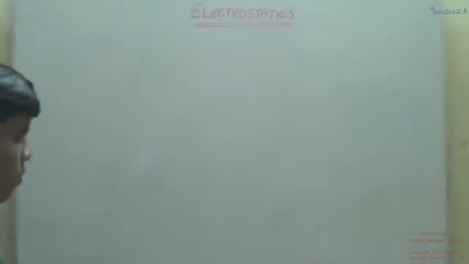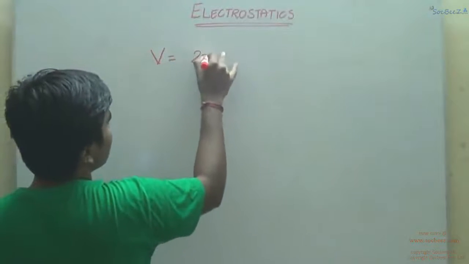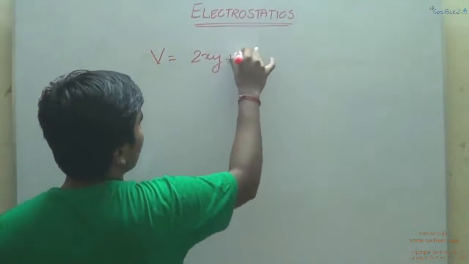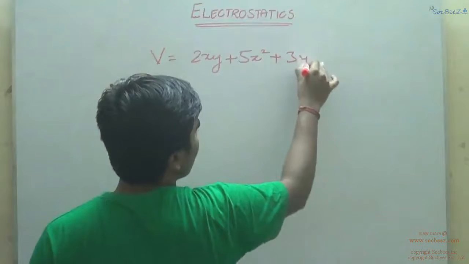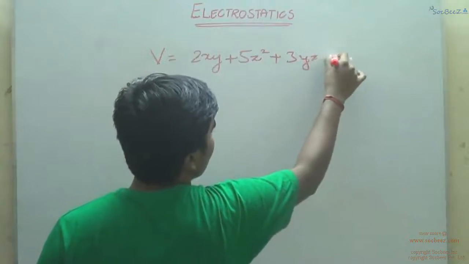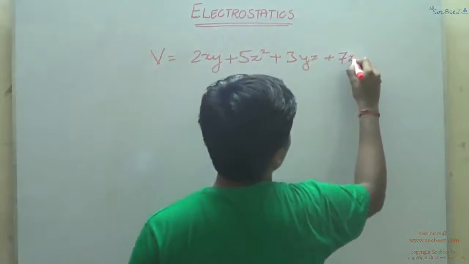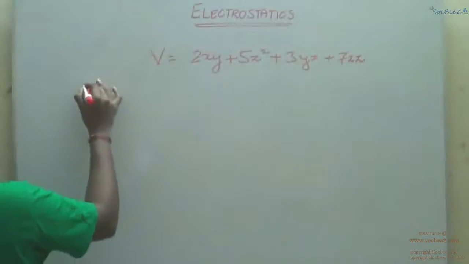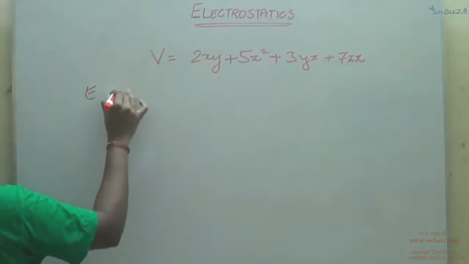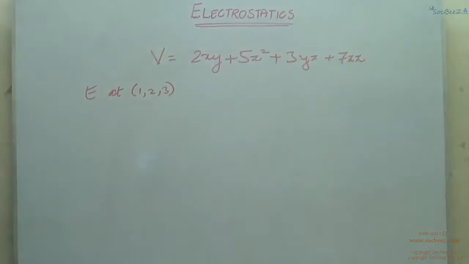We are given that the potential in a region varies as given. Now we are asked to find out the electric field at 1, 2, 3. So what do we know from here?